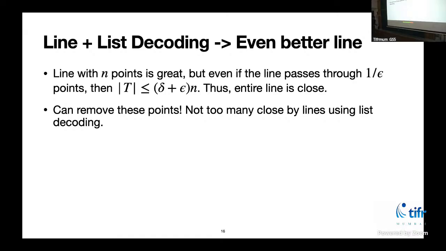Good. So what is my assumption? My code is delta comma A comma, let's say, 1 over epsilon line decodable. Is it visible? Yes. And I am now taking list size times n plus A points close by.